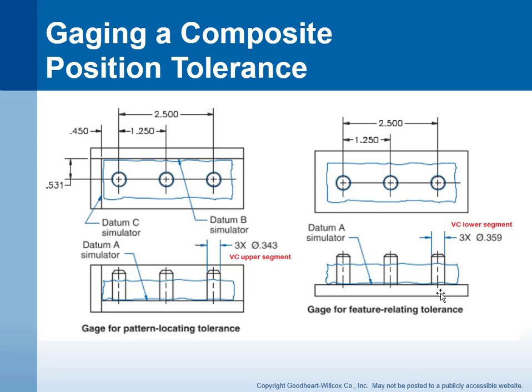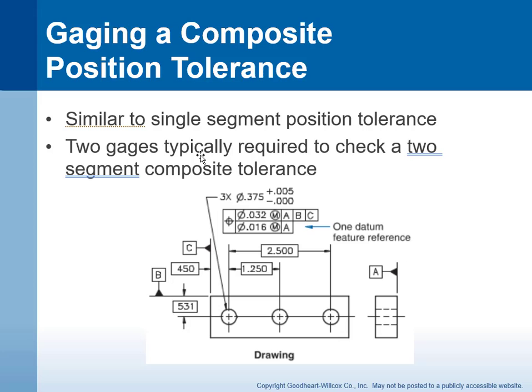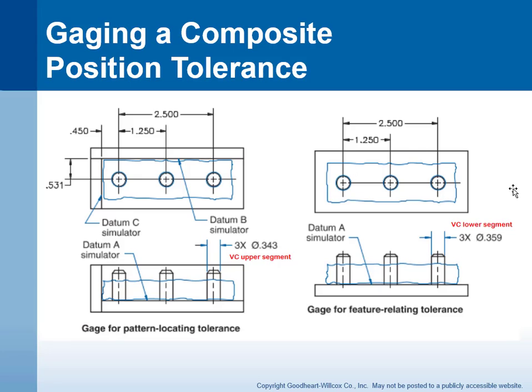But if you notice, the functional gauge does not pick up any datums except A. If we look at our feature control frame, only one datum is referenced. So therefore, our functional gauge only has to check to datum A. To use this functional gauge, we would take our manufactured part and put it down over these three pins.